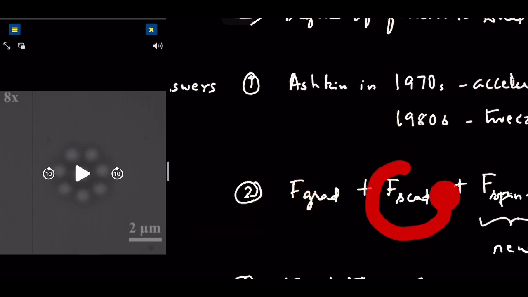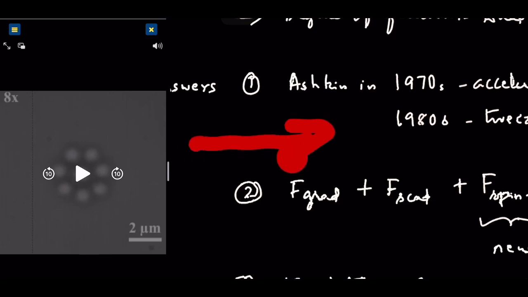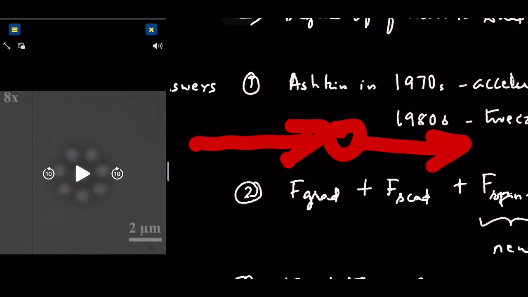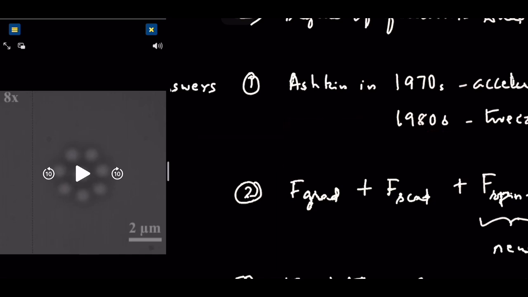The other force is called the scattering force. The scattering force essentially is the light emanating from the laser beam, and that pushes the object in the forward direction, and this propels that particular object. So as you can see, gradient forces bring the object towards the light, scattering forces push the object away from the light.